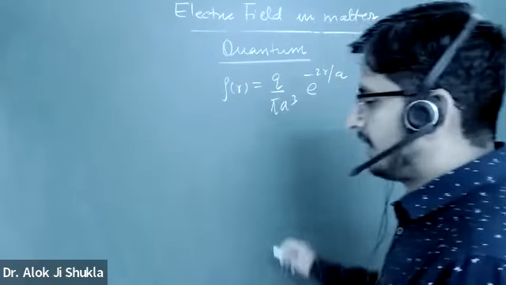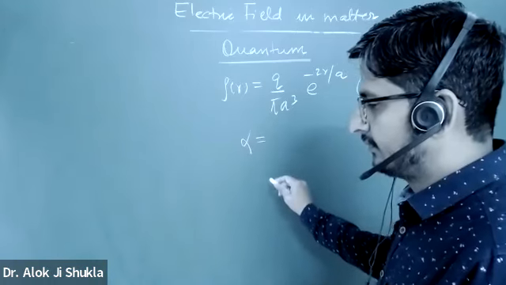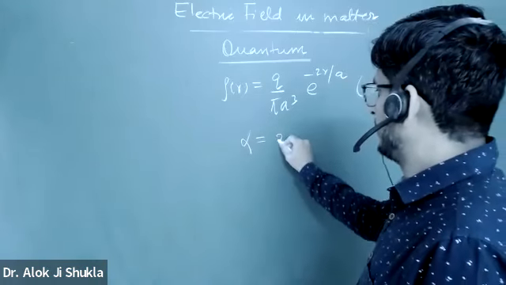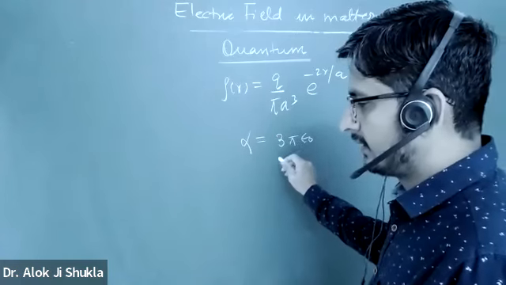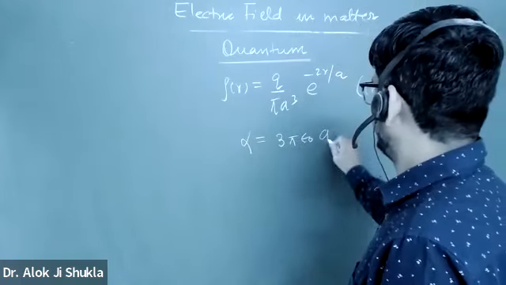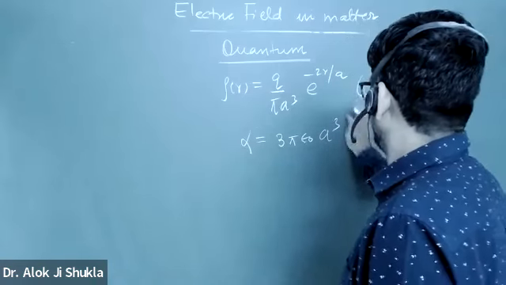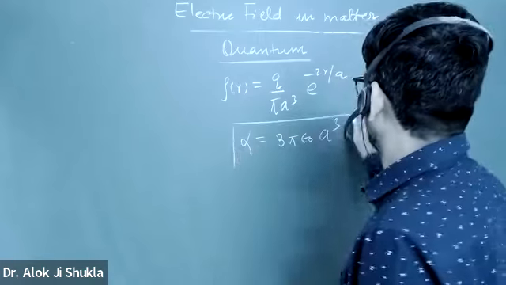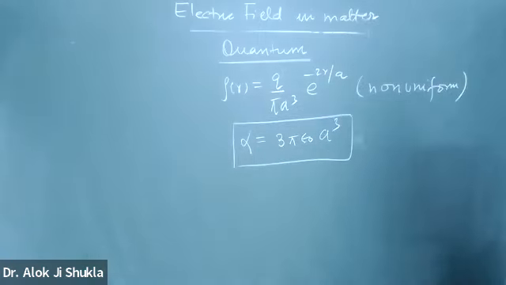then you find that alpha is equal to 3 pi epsilon naught AQ into E. This is the value of alpha. So this is the quantum mechanical treatment.